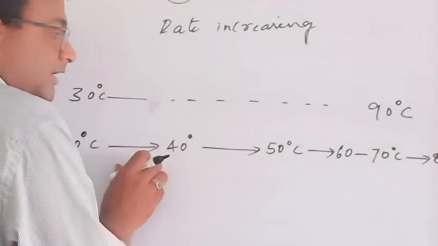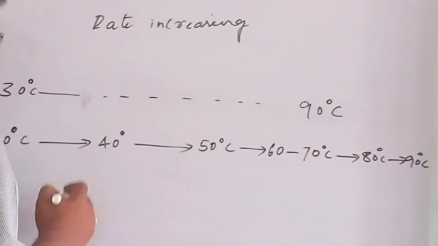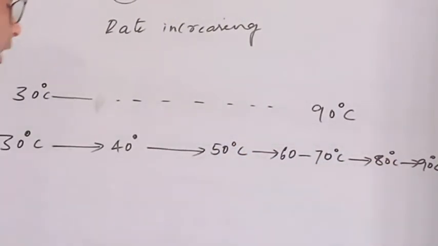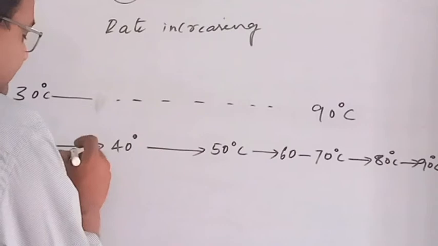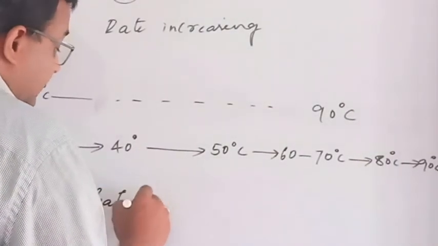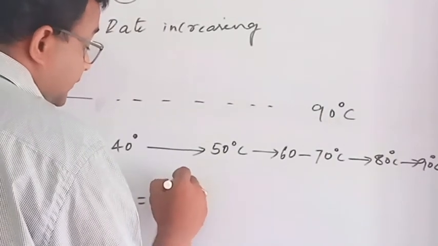So here it is a 10 degree rise, 10 degree rise, 10 degree rise. Then we need to find out in this way 2, 2, 2, 2, 2, 2. So how many 2's? Six 2's. That is 2 power 6.